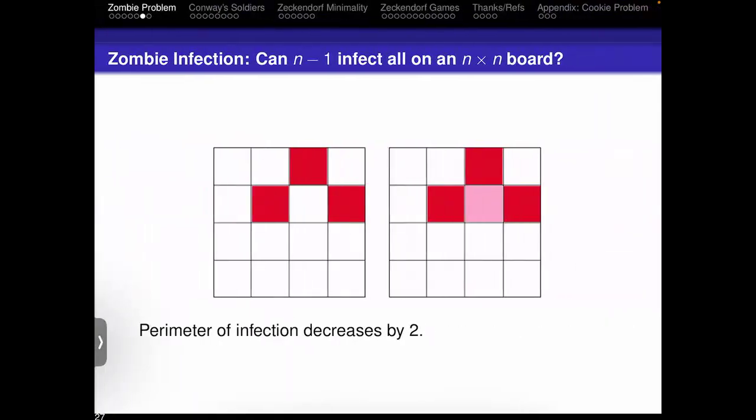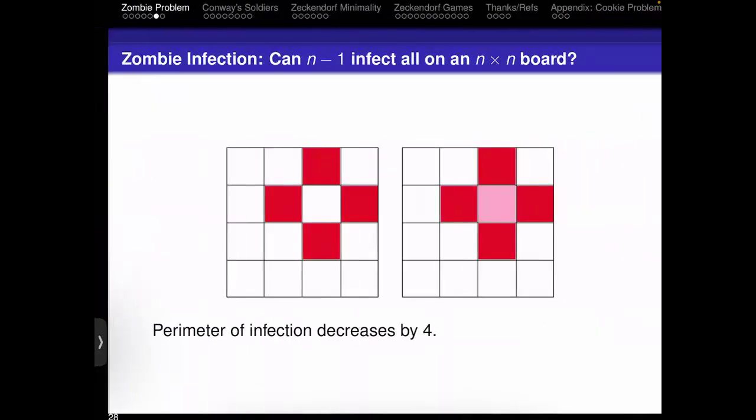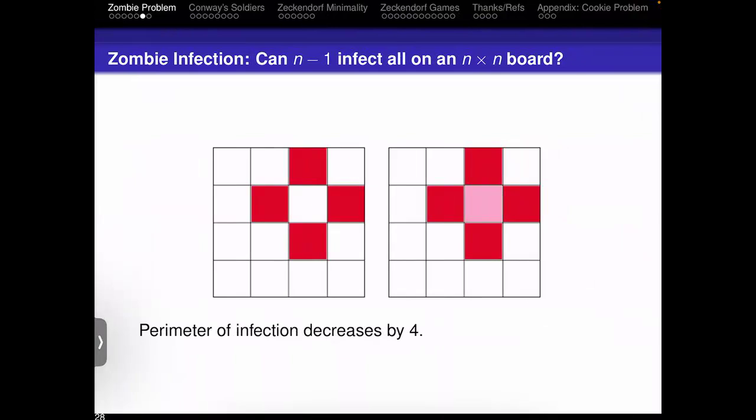And so I chose to do north, east, and west. And so when you look at it that way, the exterior perimeter was 3 initially. Now it's 1. The perimeter has dropped by 2. And the only thing that's left is every neighbor is infected, and the perimeter goes down by 4. So the perimeter of the infection is a monovariant. It never goes up. It sometimes stays the same, it sometimes goes down.